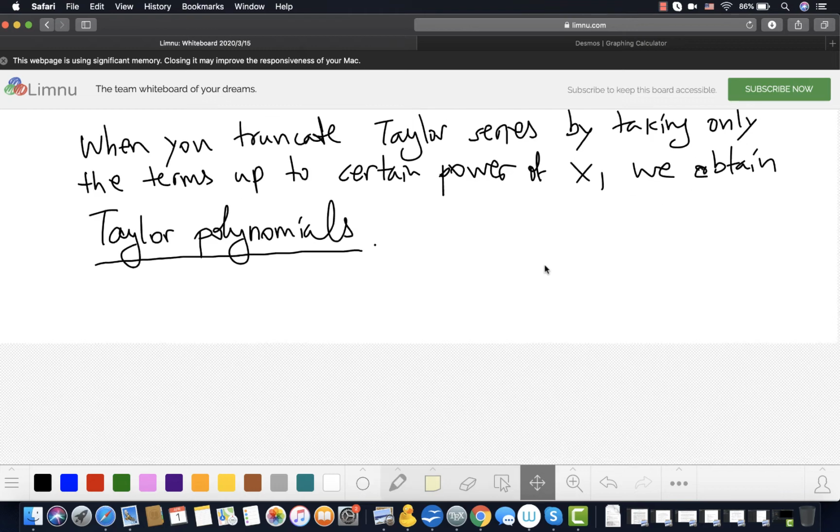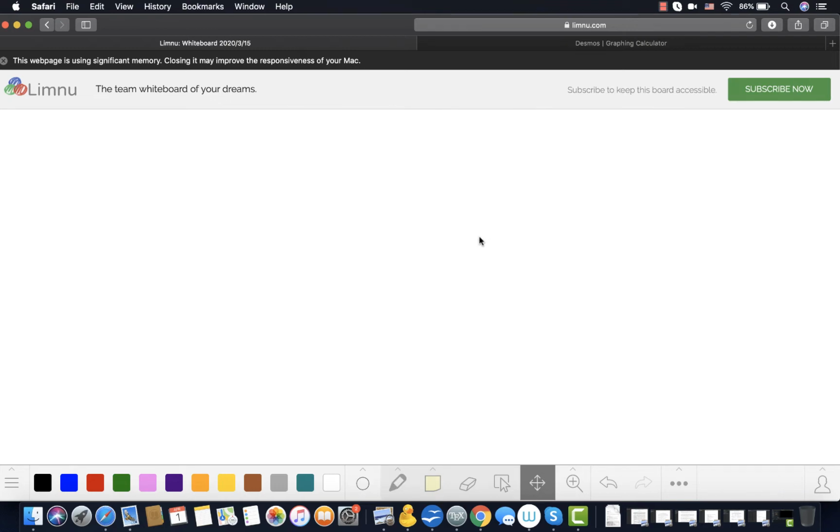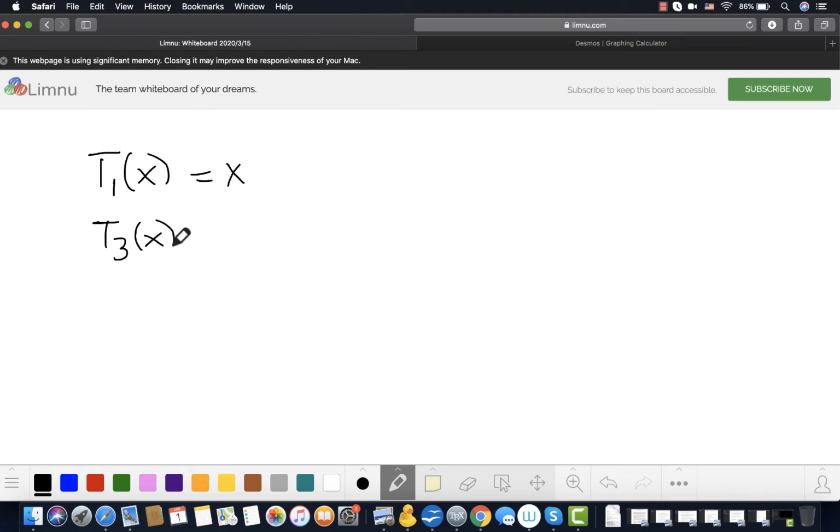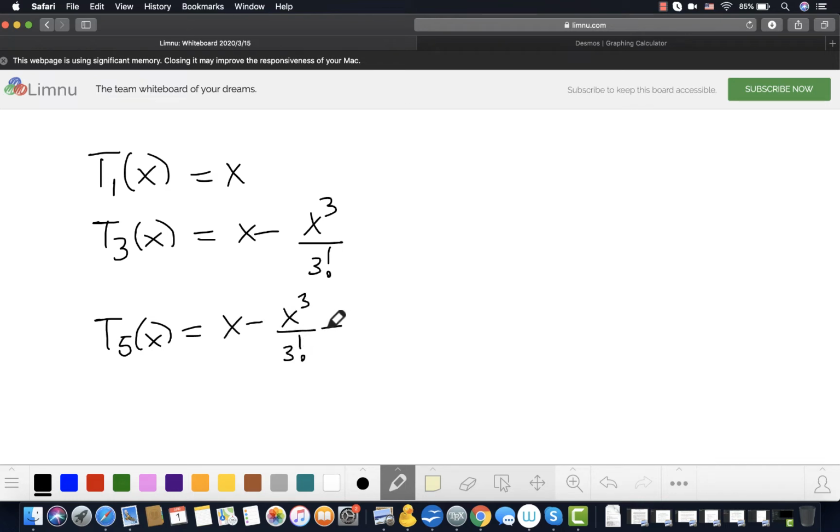Okay, so let's look at an example of sine x again. The first Taylor polynomial for sine x is going to be just the first term, so x. T sub 3 of x is the Taylor polynomial of degree 3, and it's going to be x minus x cubed over 3 factorial. And the order 5 Taylor polynomial is x minus x cubed over 3 factorial plus x to the 5 over 5 factorial.